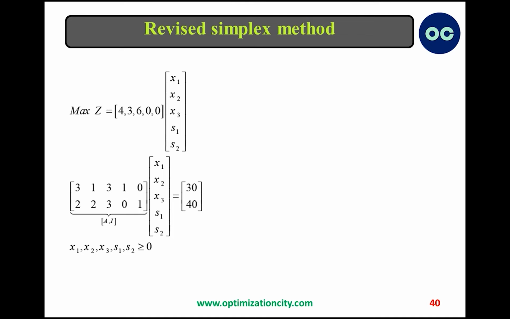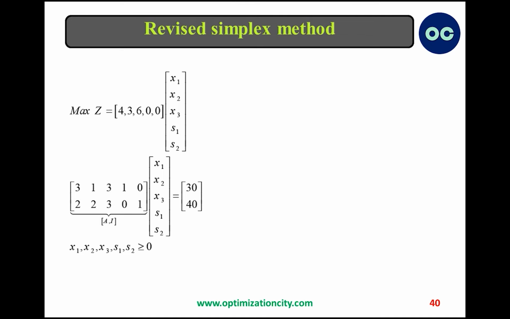The matrix A comma I is divided into two matrices. One consists of the coefficients of the basic variables and the other consists of the coefficients of the non-basic variables in the constraints. The matrix of the basic variable coefficients is represented as B. This is B and this is N, which is the matrix of the non-basic variable coefficients.